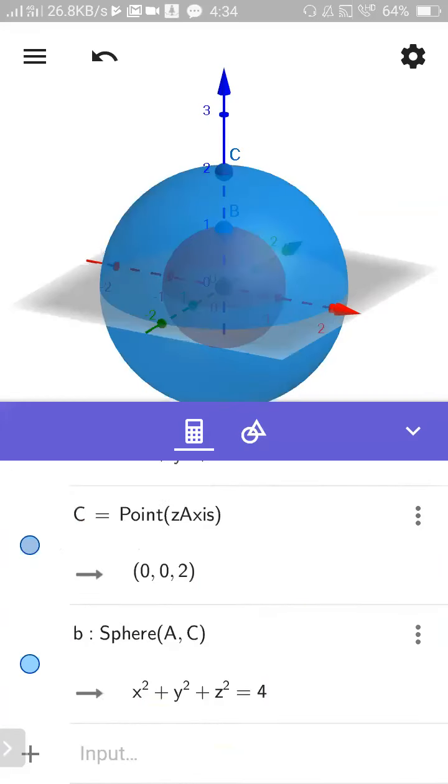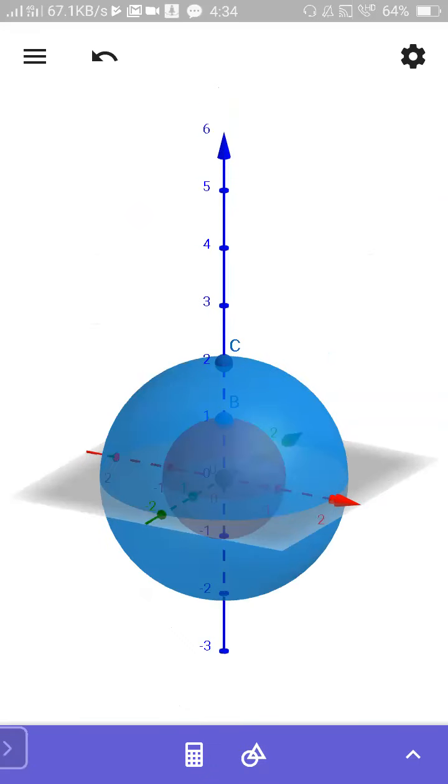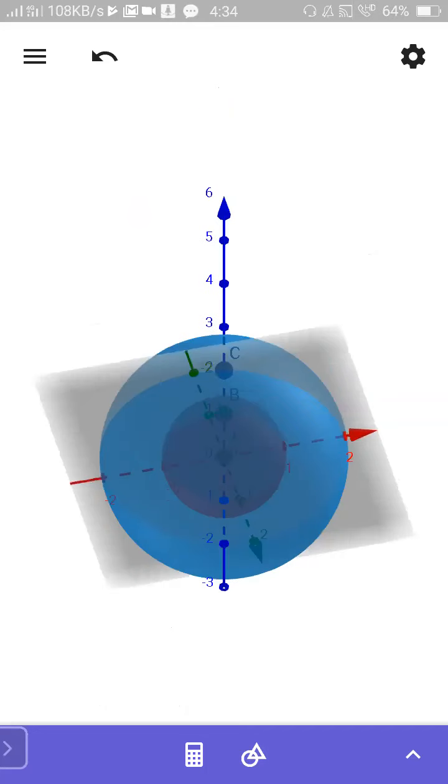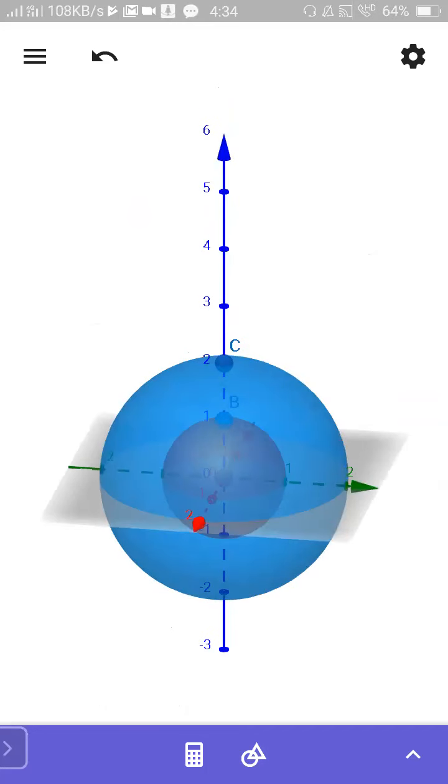The inside sphere has radius r equal to 1, and the outside sphere has radius r equal to 2. Completely these two spheres' surfaces are parallel to each other.